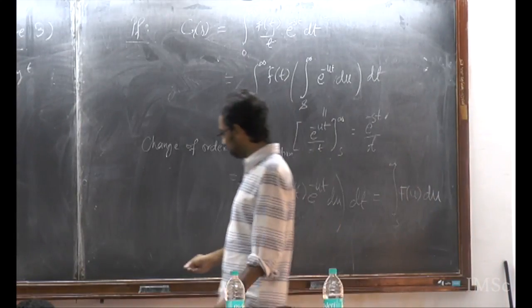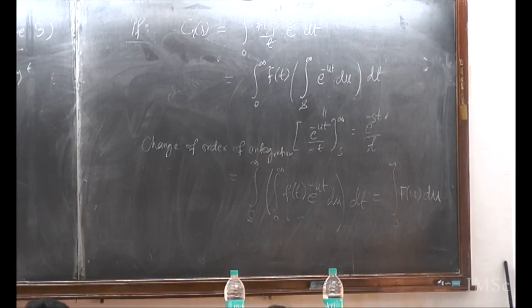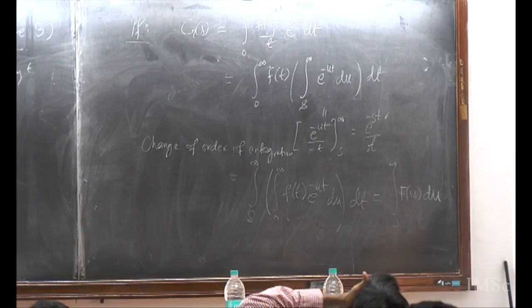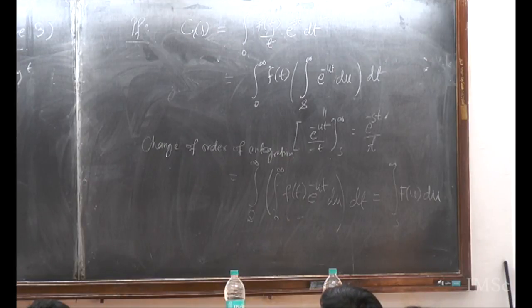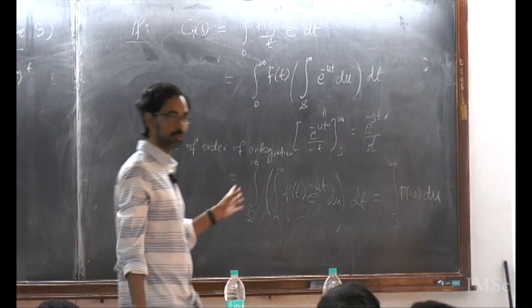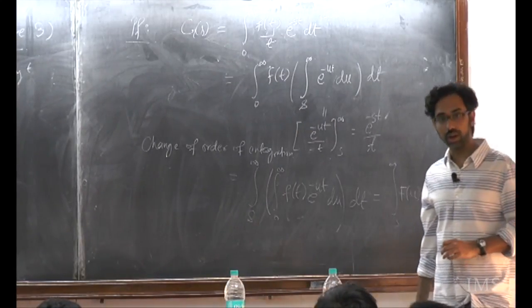And you remember that by definition, any improper integral like this, 0 to infinity f(t) dt, is by definition a limit. Yeah, it's a limit. R goes to infinity, the integral from 0 to R of f(t) dt, right? So when you are trying to swap two improper integrals, you have to be very careful that you are allowed to do so.